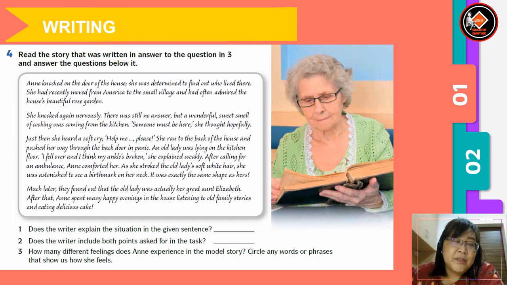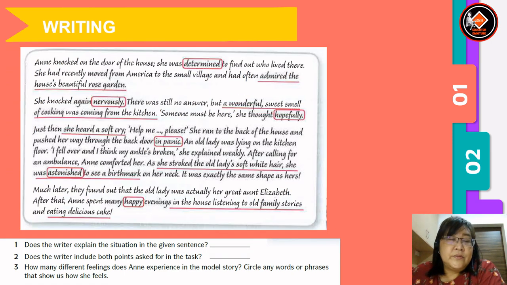So let's look at the questions. Number 1, does the writer explain the situation in the given sentence? Number 2, does the writer include both points asked for in the task? Number 3, how many different feelings does Anne experience in the model story? Circle any words or phrases that show us how she feels. So here the first question is, does the writer explain the situation in the given sentence? The answer is yes. Does the writer include both points asked for in the task?